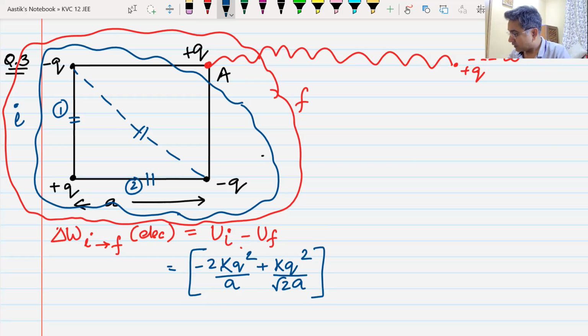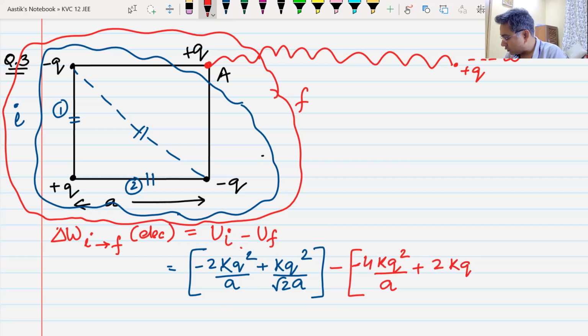Now I subtract the final energy of the final configuration, which we have already calculated. That is minus 4kq square by a plus 2kq square by root 2a.